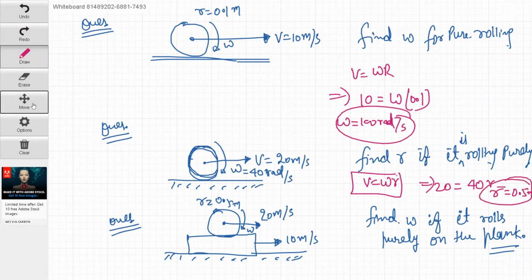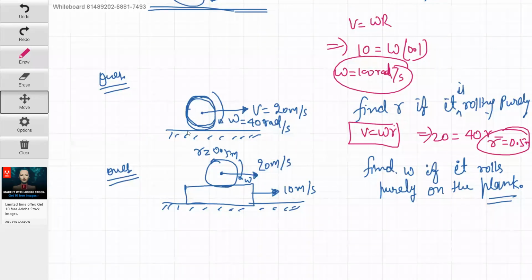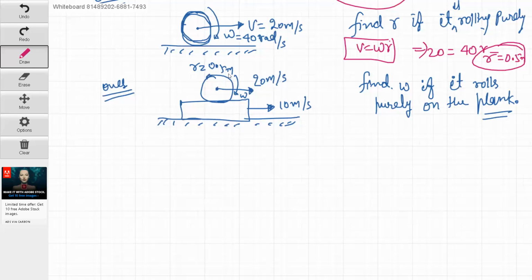Is this all right? Now, this question is a good question. Its radius is 0.5. It is moving on this surface, on a plank, which is also moving with 10 meter per second in forward direction. So what is omega for pure rolling? Do it fast.